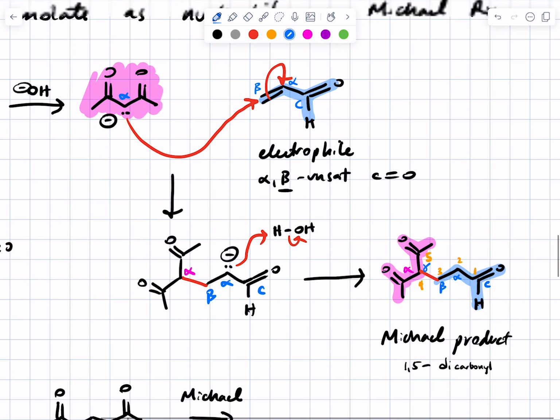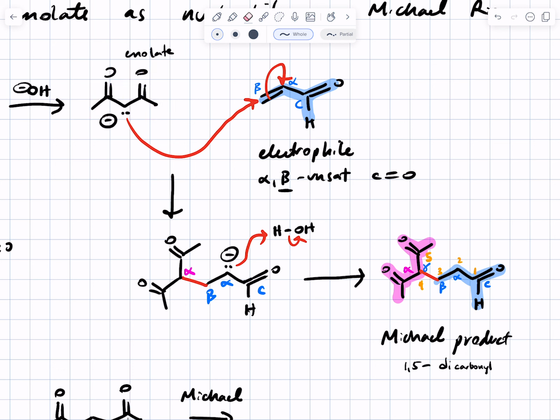Here's our Michael product. The pink portion was our enolate, and the blue portion was our electrophile, our alpha beta unsaturated carbonyl compound. And I want you to notice that in the Michael product, the pink alpha carbon of my enolate ends up gamma to the blue carbonyl carbon.